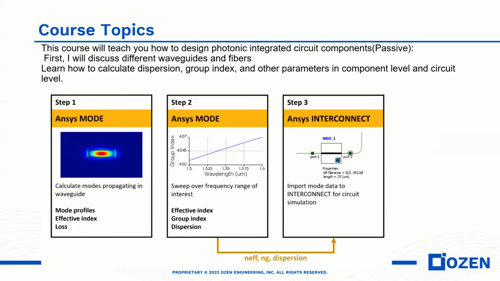So using this picture, you can see the workflow of defining waveguide, calculating mode, extracting effective index, and dispersion, and extracting S parameter. Finally, with Lumerical interconnect, a circuit model is created using this compact model.